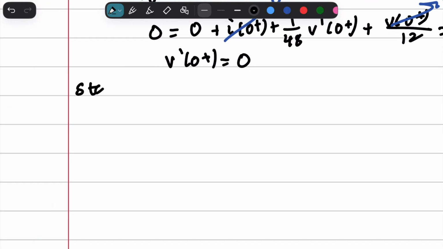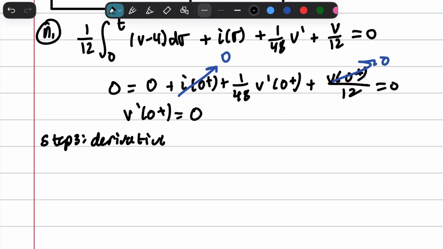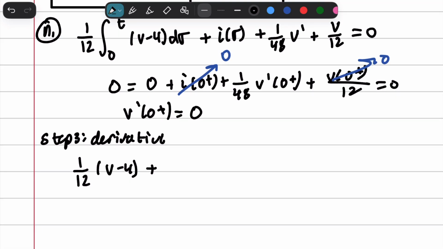So step 3, let's apply a derivative to all of this to get rid of that nasty integral right there. And so we're going to take the derivative, say 1/12 (V minus 4), everything in the integrand stays, plus this dies, plus 1/48 V double prime plus V prime over 12 is equal to 0.